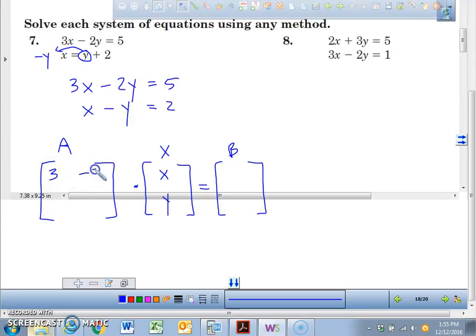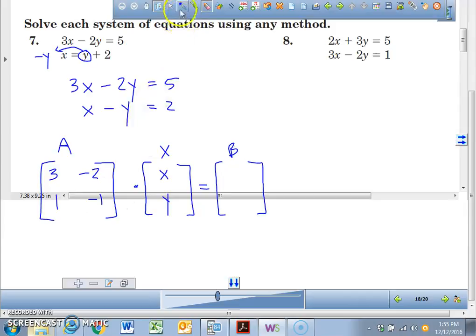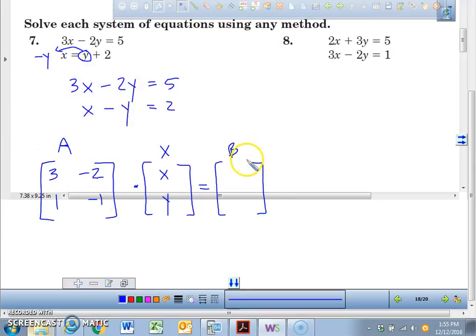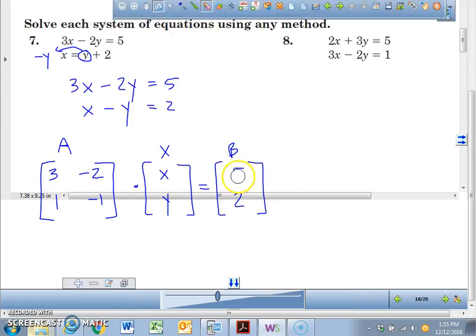Put a 3, a -2, a 1, and a -1. So you take these coefficients, 3, -2, 1, -1, you put them in matrix A. What numbers go in matrix B? 5 and 2.